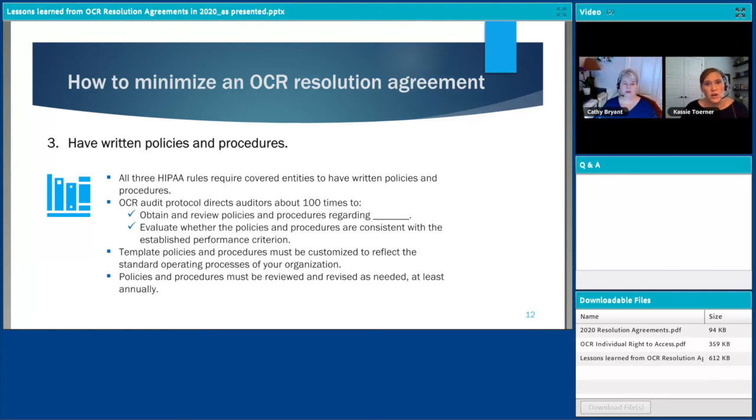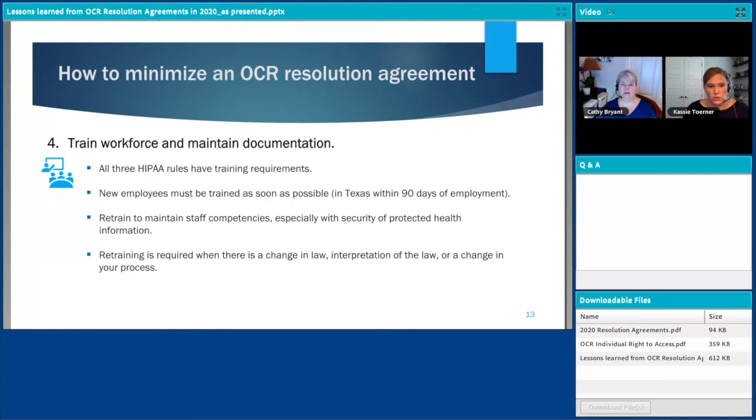We see often a lot of templates within offices that have not been customized to reflect their standard operating procedure. So if you have those policies and procedures, you want to make sure that they're actually reflective of what you all are doing and they're not just templated versions that haven't been edited or customized. And then the recommendation is that these are to be reviewed and revised as appropriate. Generally, annually is what is expected.